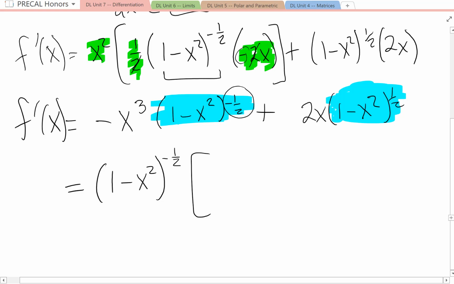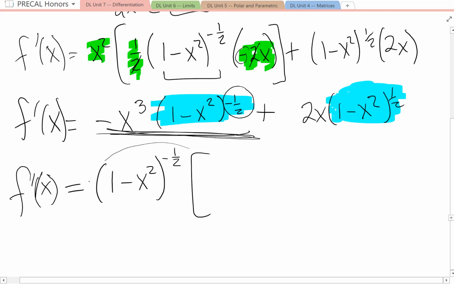Okay, when you factor, you are dividing this from each of the terms up above. So if you take this term and you divide this quantity, what do you get? You just get negative x cubed, right? That's all that's left.